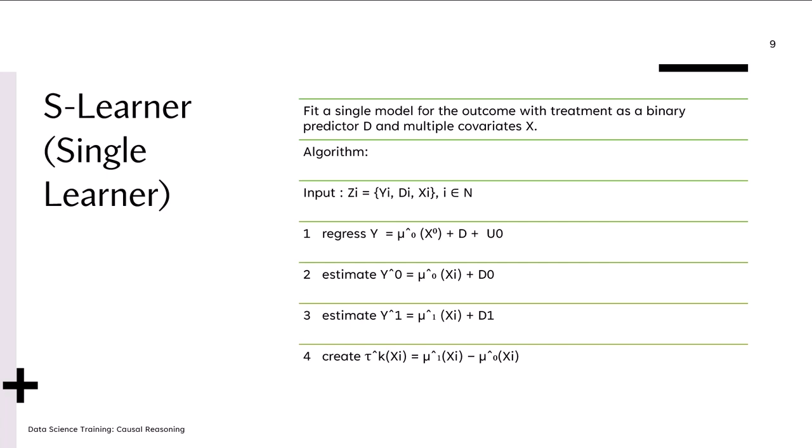The S-learner uses a single model for the treated and control groups. The inputs are the outcome, the treatment assignment indicator, and covariates, which are xi. You start by regressing the outcome on the covariates and the treatment assignment indicator.